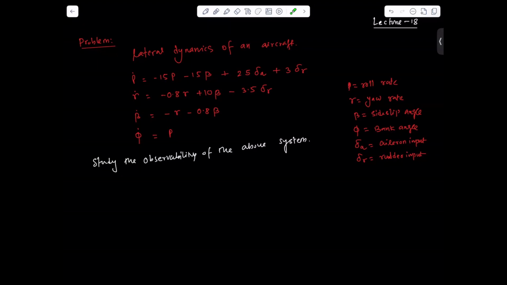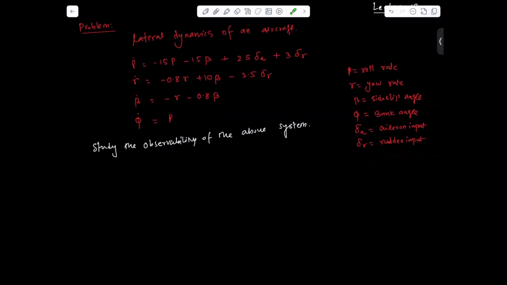So based on the system, the question is: is the aircraft observable with output vector y equal to p and r?